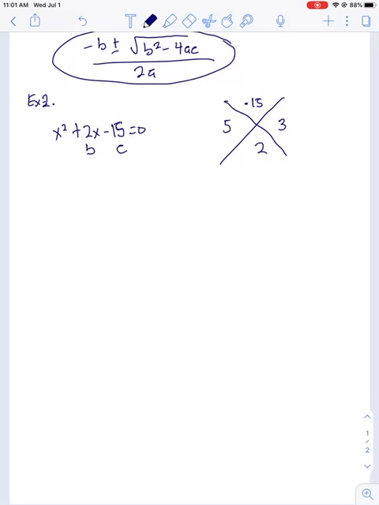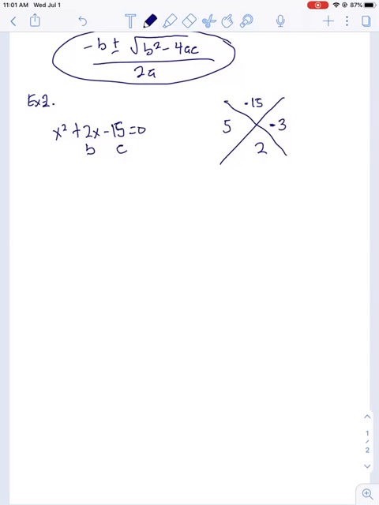Now, when we add these two values, how are we going to get +2? That's by making the 3 negative, because when we add 5 plus -3, that'll give us +2, but when we multiply 5 times -3, we get -15.